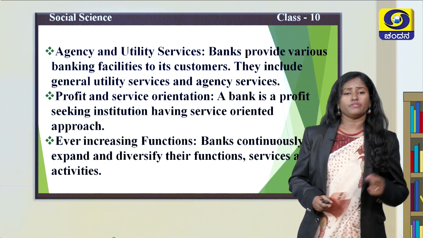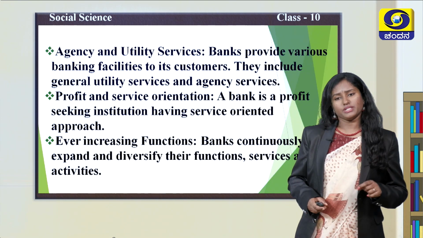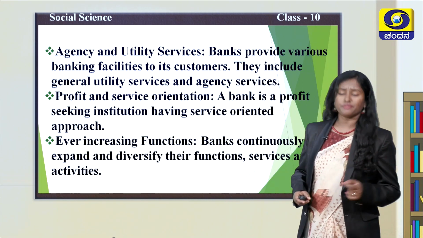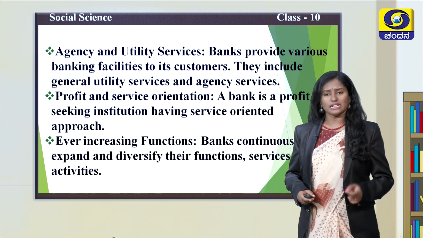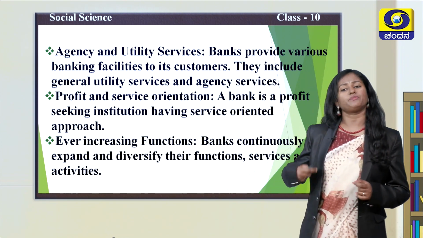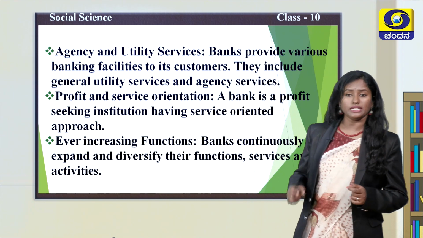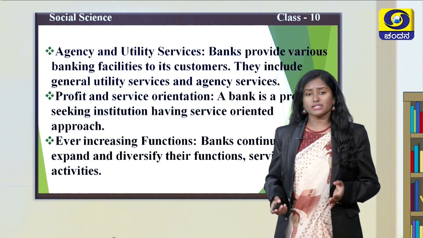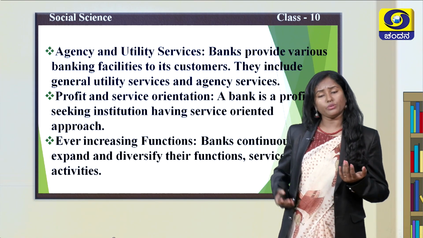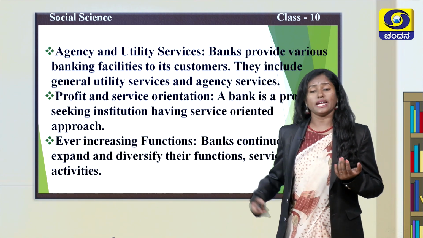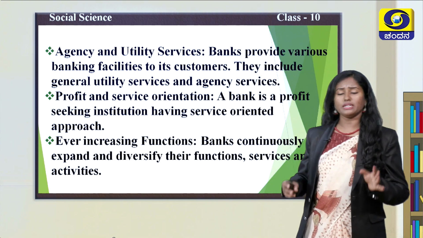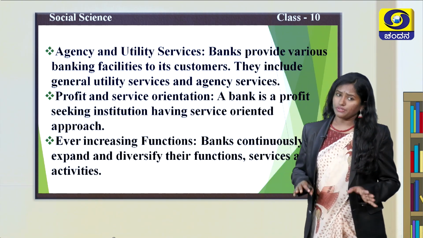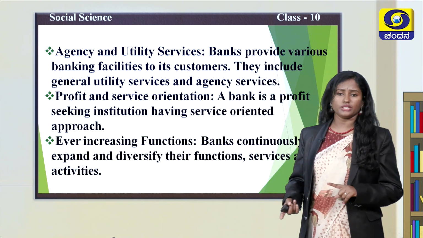Whenever a person or a company wants money from the bank as a loan, the concerned person has to repay the principal amount along with a certain rate of interest. With this interest only, the bank is also paying us interest additionally on the amount which we keep safely throughout the year. So, it is a profit as well as service orientation.